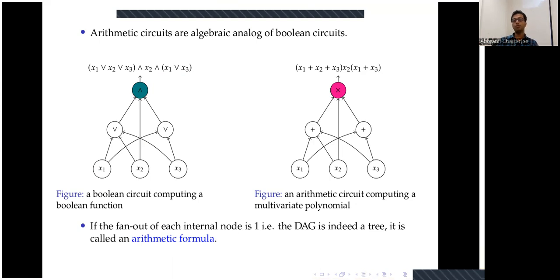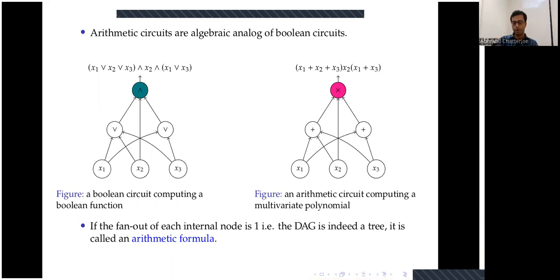And then in the output node, we are computing a multivariate polynomial over these input variables. If we put a structural restriction on this directed acyclic graph that the fan out of the internal nodes is bounded by 1, then the DAG will have a tree structure and we call it an arithmetic formula.